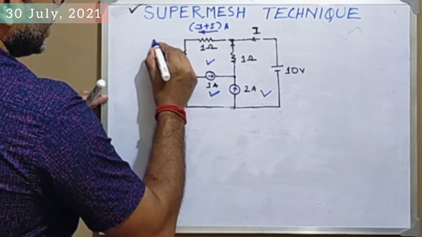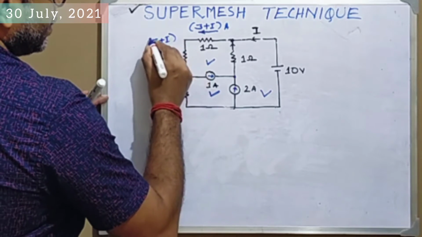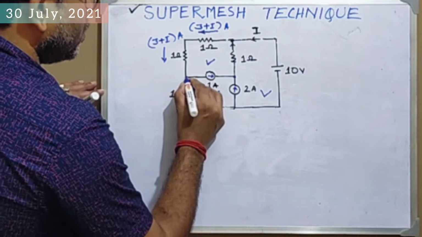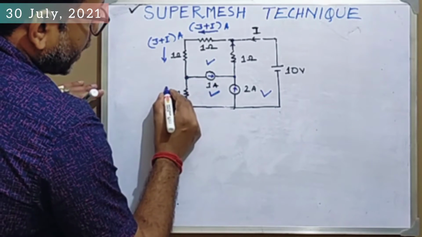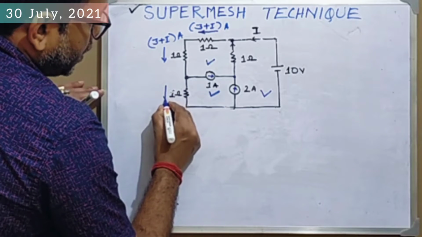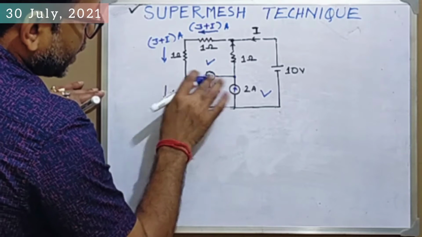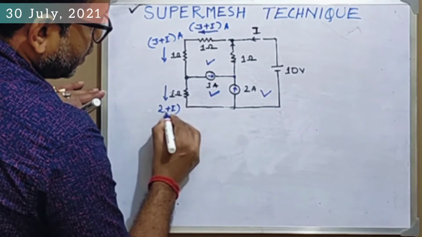That is, what is the current? That is 3 plus I ampere. At this node 1 ampere is entering, so the rest of the current will flow through this 1 ohm resistor. So what is the rest of the current? 1 is entering, so that is 2 plus I ampere.